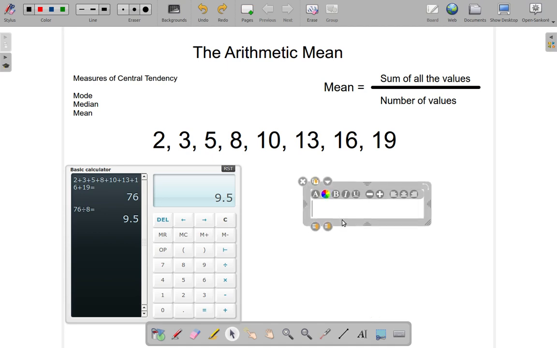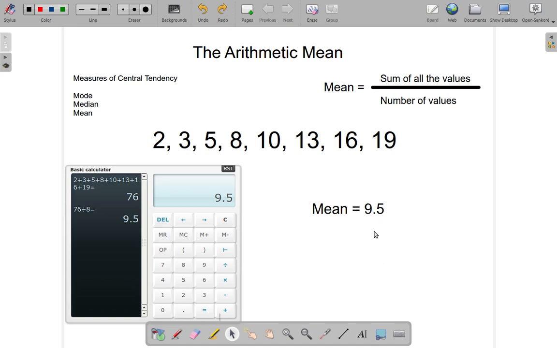So the mean of these values equals 9.5. Now you notice that you get a mean of 9.5, even though 9.5 is not there. Right? That occurs very often.